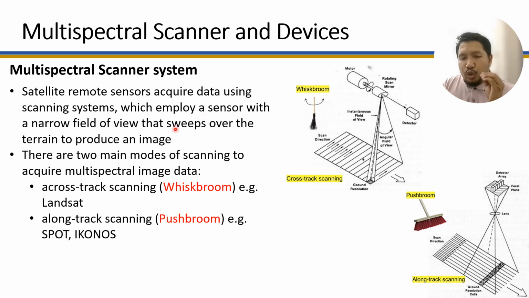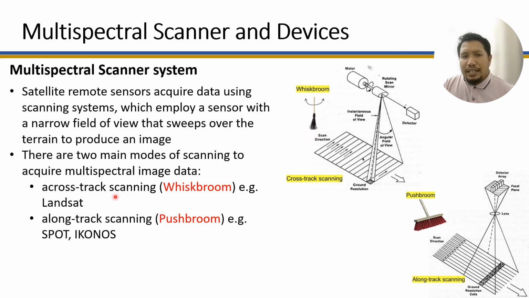Okay, now we're going to talk about multispectral scanners and devices and how the data from these scanners works. So we're going to talk about multispectral data acquisition. There are two main types of scanning systems utilized by satellite remote sensors to gather multispectral image data.